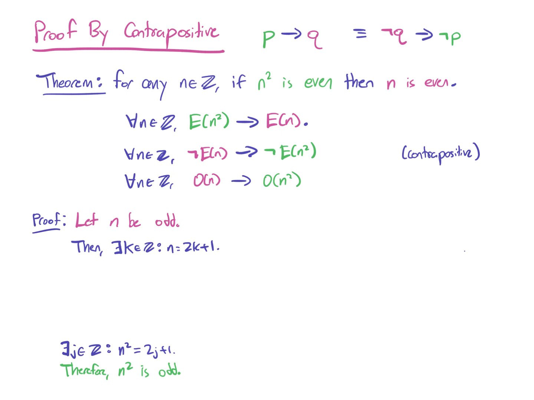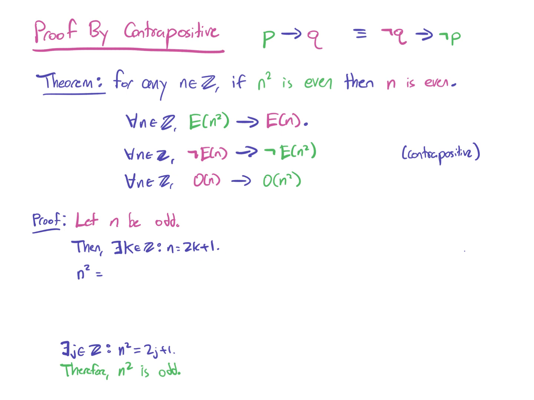I'm going to go right below my premise, and I'm going to ask myself, what do I know about n squared? Well, I can plug in this 2k plus 1, because I've assumed in my premise there is a k such that n is equal to 2k plus 1.